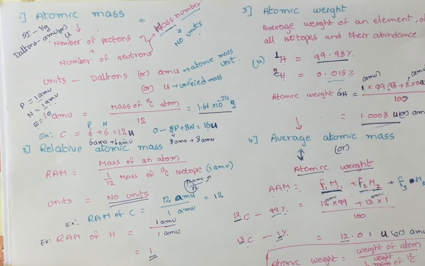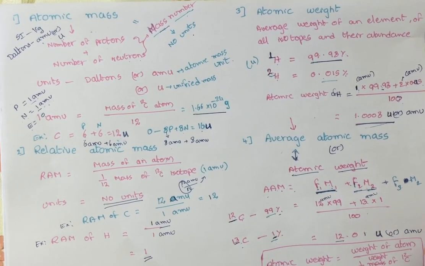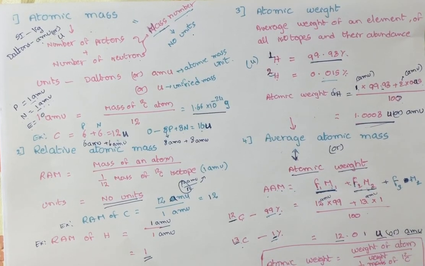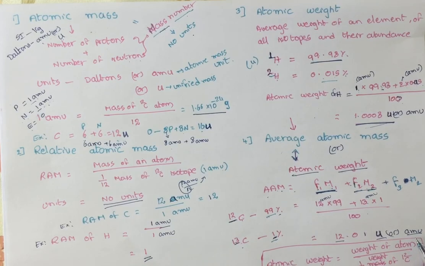So in this way, if you want to calculate the atomic weight of any atom, you have to look at how many isotopes there are and know their abundance too. Then you can calculate its atomic weight or average atomic mass easily. And average atomic mass also has units: unified mass or atomic mass units.